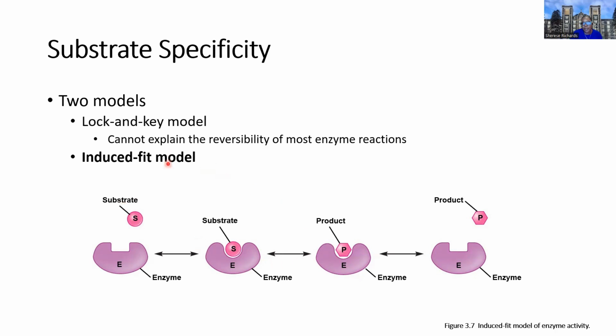However, the problem with the induced fit model is that theoretically, any substrate can induce a fit to any enzyme. So there are holes that can be poked in both of these theories, but it's important to understand both of them, how they differ, and how they do explain certain aspects of enzyme function. So the lock and key model explains the specific fit, and the induced fit model explains the reversibility.